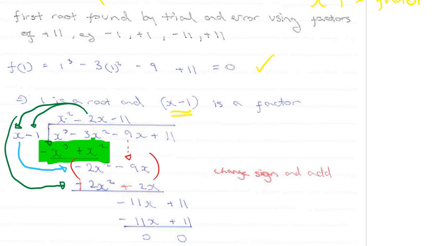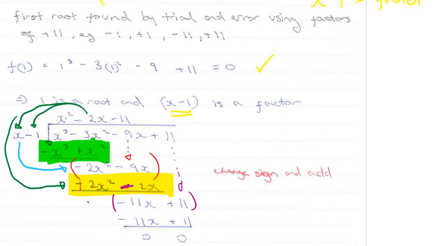That then gives me minus 2x squared plus 2x. I change the signs and I add, so just that's going to be a minus. So I've got plus 2x squared minus 2x squared gives me 0. I've got minus 2x and minus 9x, which is minus 11x, and then I bring down the last constant there.